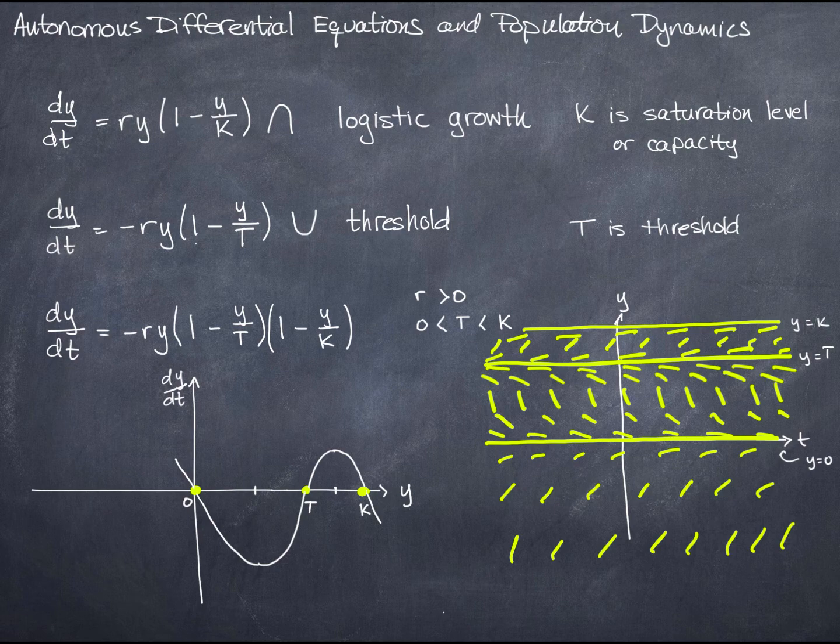And to the right of y equals k, above y equals k, I'm going to erase that axis label there because I need more room. I'm going to have small negative increasing to larger negative. So I have small negative increasing to large negative.